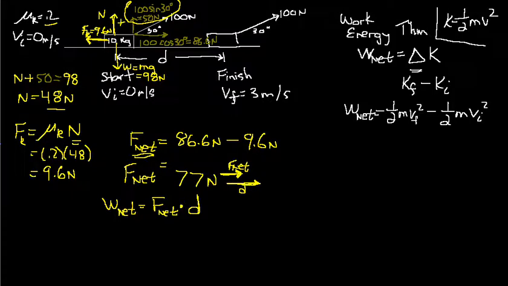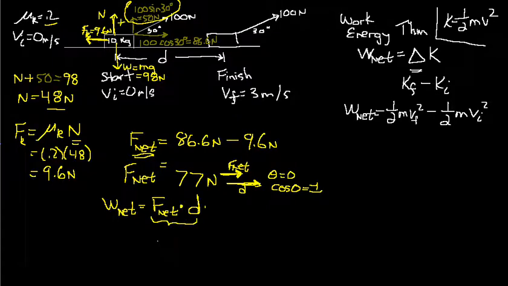So when you have a force and a displacement or motion in the same direction, the angle between those two vectors is 0, and therefore the cosine of 0 is always 1, and you don't have to worry about that times cosine factor over here. So we're simply going to say this is our net work.